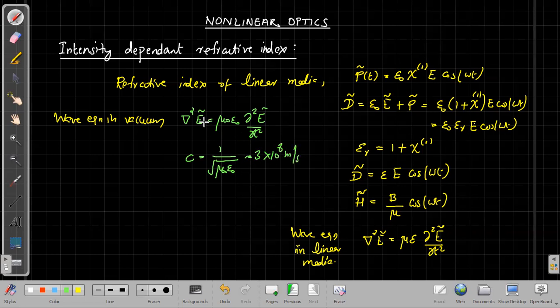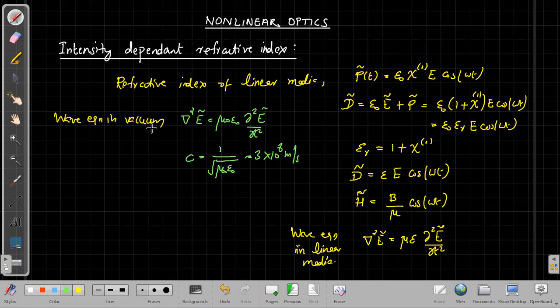That is why we said this is the speed of light, and light must be an electromagnetic wave. That is the prediction given by Maxwell. That is everything that we know.